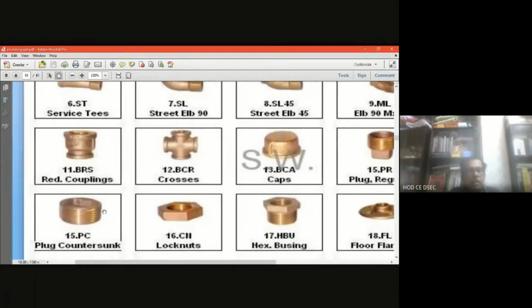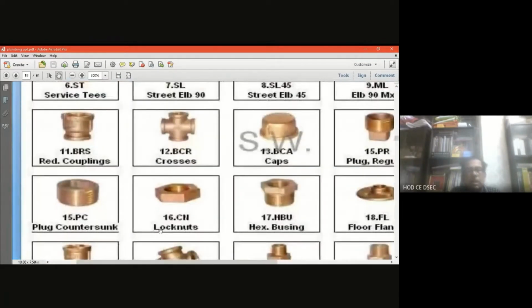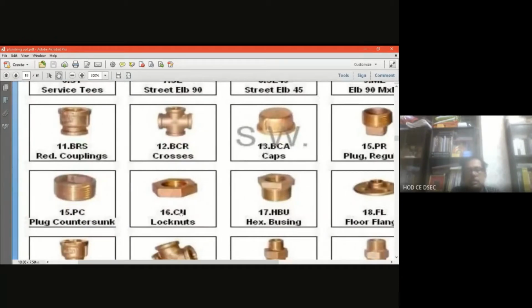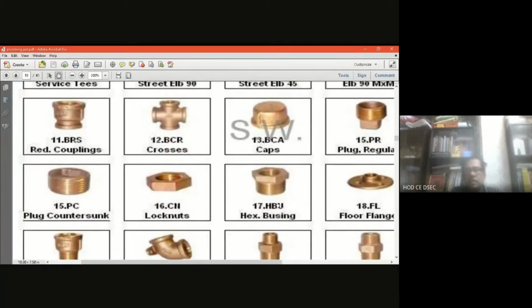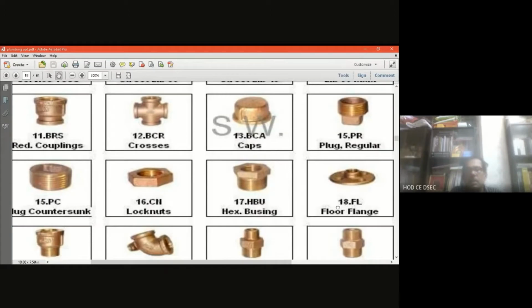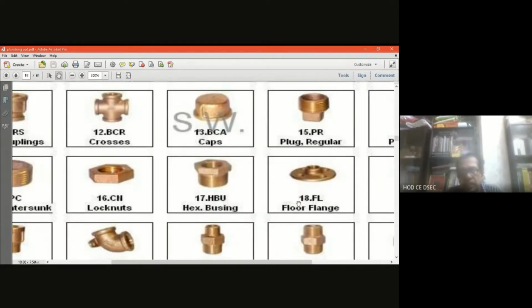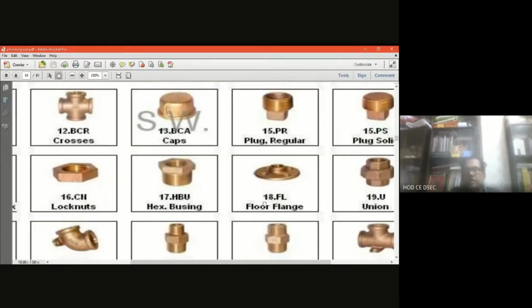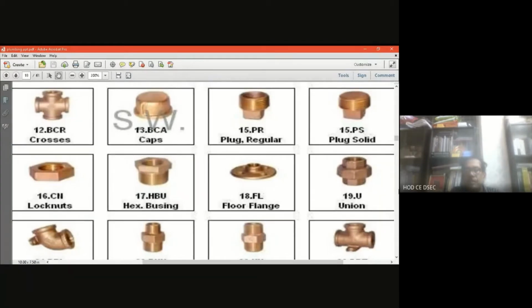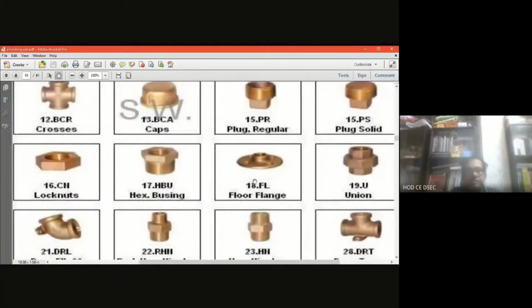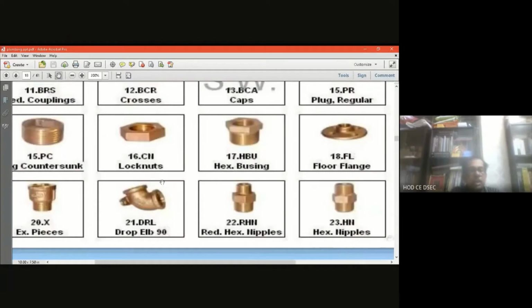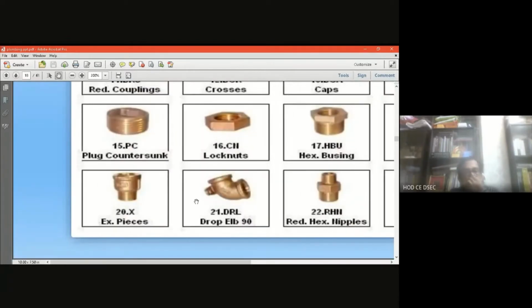This is the plug countersunk, lock nuts, and the hex bushing. This is the floor flange, for connection with floors. This is the union. These are short pieces, extra pieces.